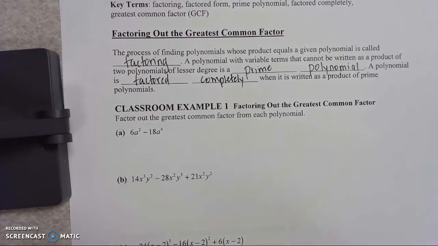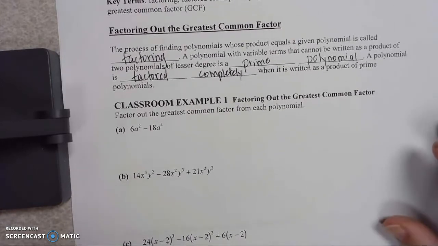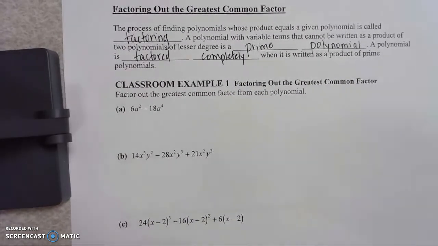So we're going to look through a couple examples on how to find the greatest common factor. Remember, factors are things that are multiplied. Anything being multiplied is a factor, and the answer you get from multiplication would be a multiple of those factors.